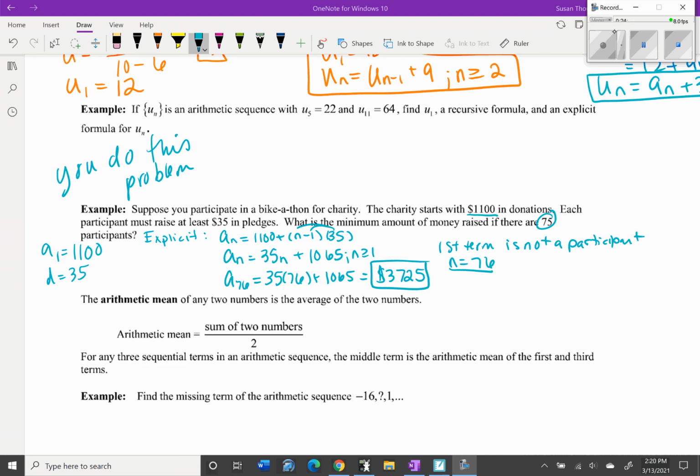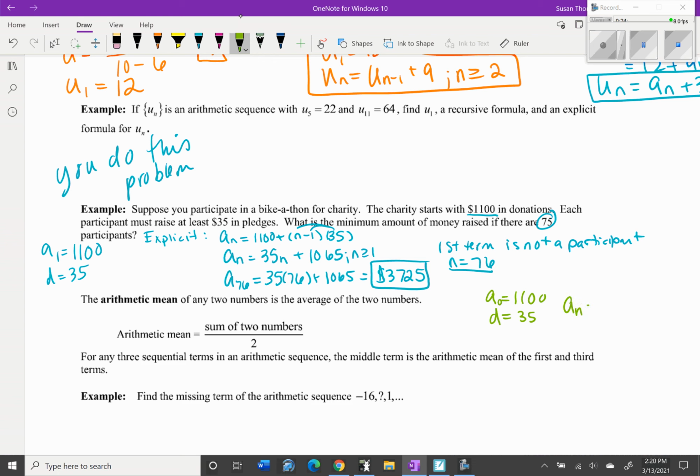Now, I also want to point out too that technically it's not the only equation we can actually find, because we could start off with a starting amount of a sub 0 equal 1,100 and our common difference being 35, which, keep in mind, think about y equals mx plus b slope-intercept form.